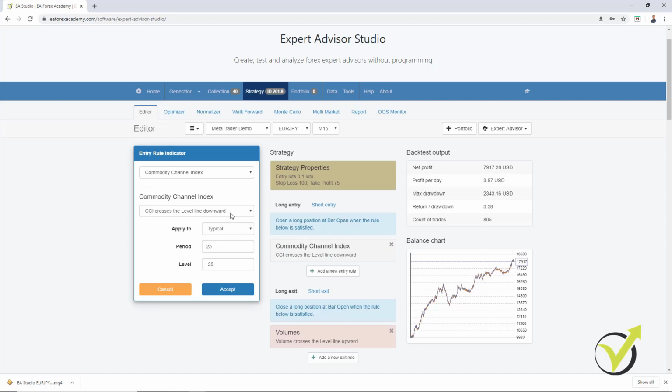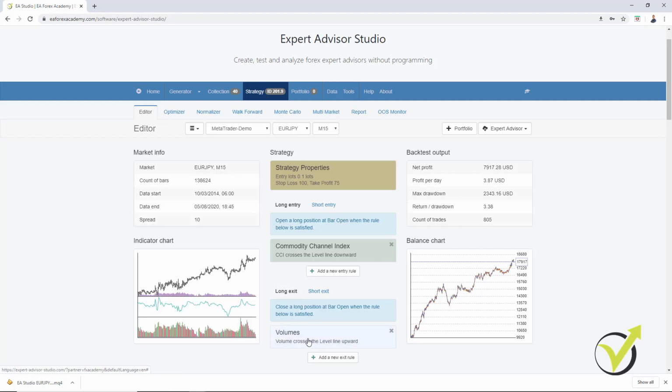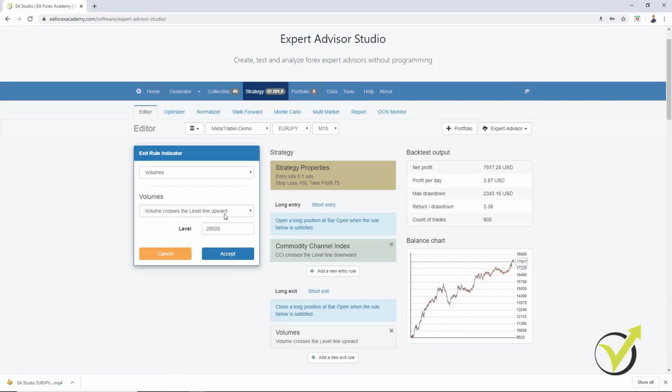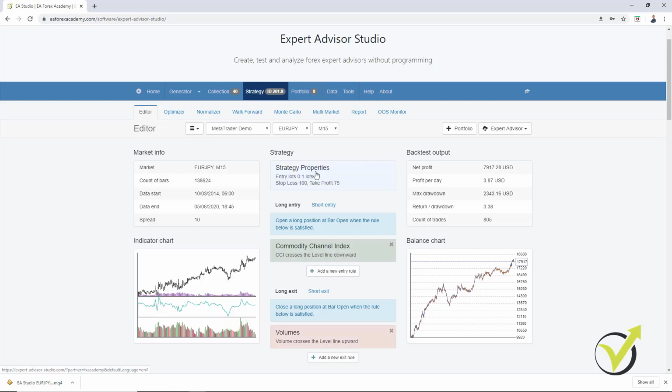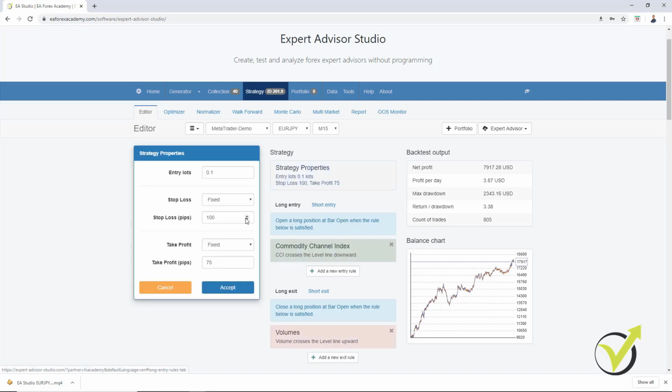CCI crosses the level line downward is the entry condition, period 25, level -25, and then we have the volumes. Volume crosses the level line upward, level of 28,000 for this strategy, and we have the strategy properties, stop loss of 100 pips, take profit of 75 pips.